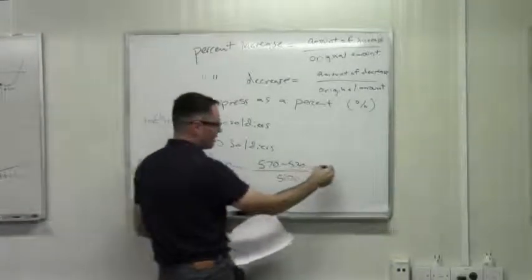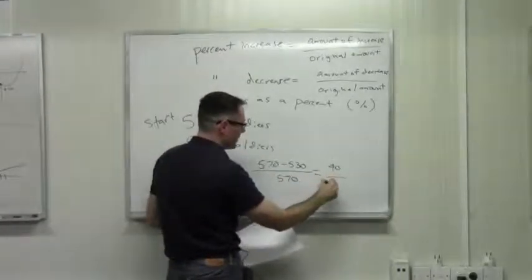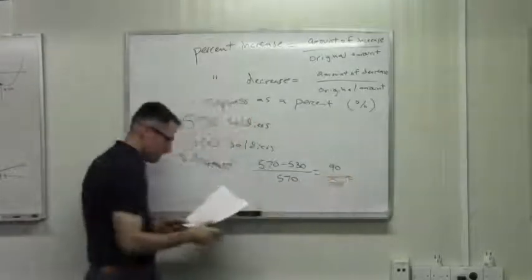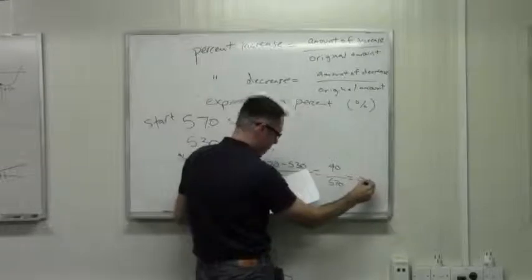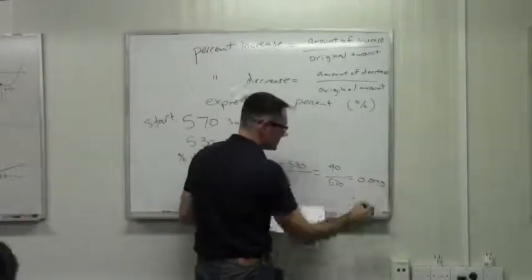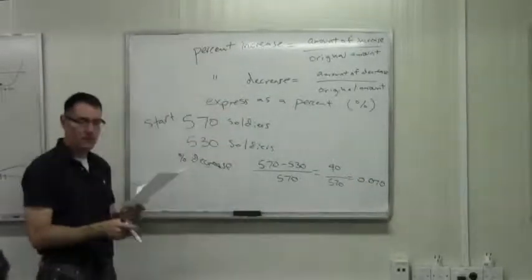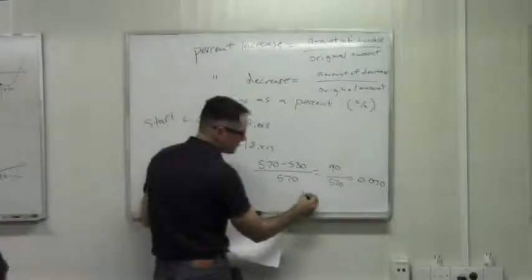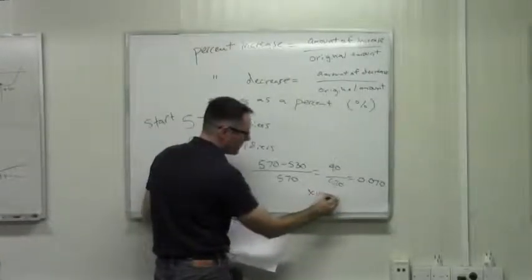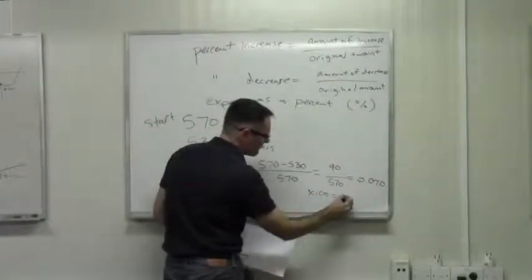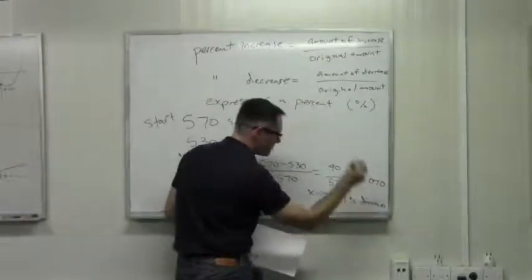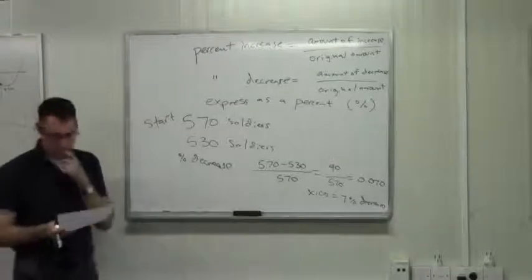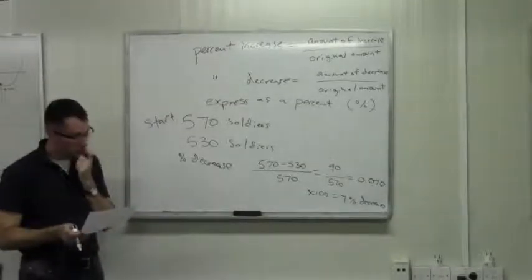How about 40 divided by 570? And if you divide that out, you get 0.070, which is what percent? Yeah, times 100, and you get 7% decrease. Okay? That wasn't too bad.